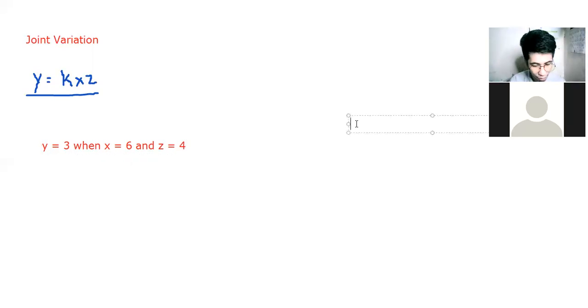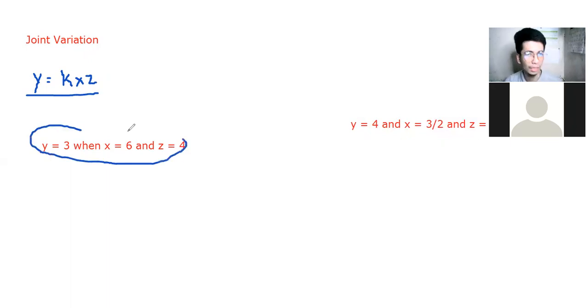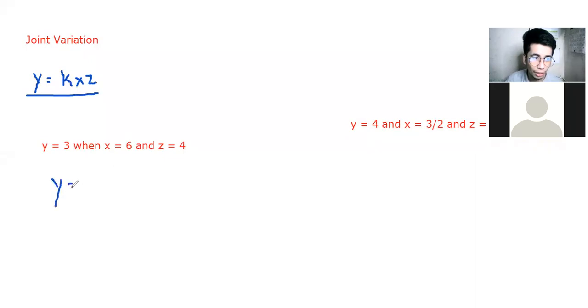Y is equals to 4 and X is equals to 3 over 2 and C is equals to 4 over 5. Masarap pala to. May mga fractions din. So, dito muna tayo sa Y is equals to 3, then X 6, C 4. So, follow lang natin yung ating formula. Y is equals to kay X.